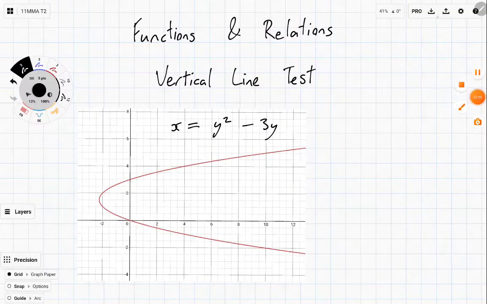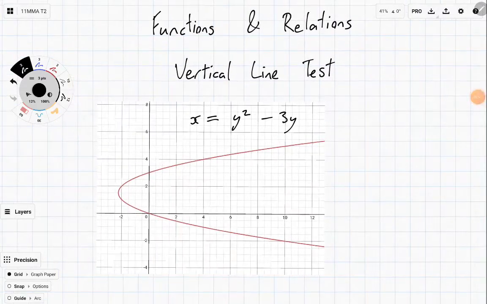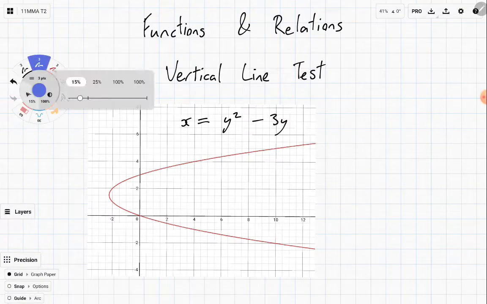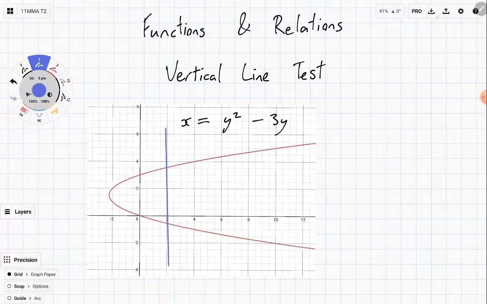Alrighty, so this is the graph. It's of x equals y squared minus 3y. And we can prove that it is a relation because it fails the vertical line test. We draw ourselves a vertical line and we can see that it crosses at 2 places. Okay? Therefore, it is the wrong sort of relationship. In this case, we would call this a one-to-many relationship.